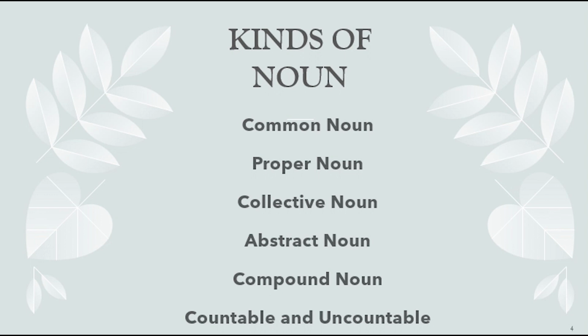For example, we cannot count milk or oil, rice or sugar or salt. We have assigned weight or liters. We can count milk in liters, that is 1 liter or 2 liters or 3 liters. We can measure them in kgs, but we cannot count them, so they are uncountable nouns.